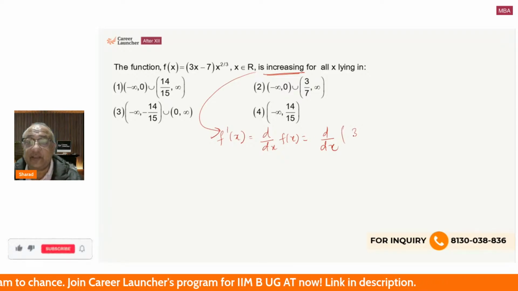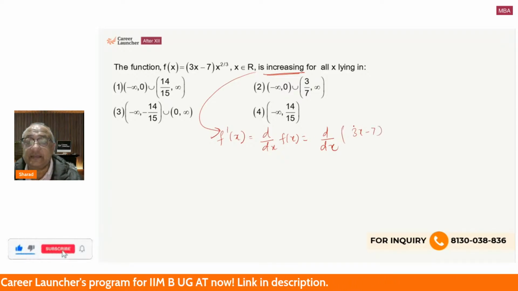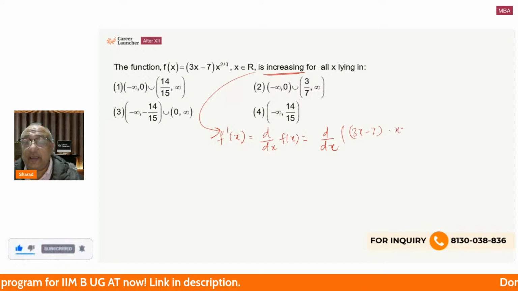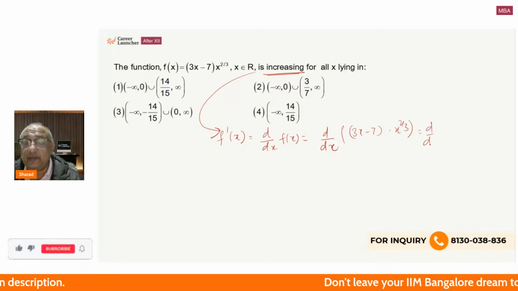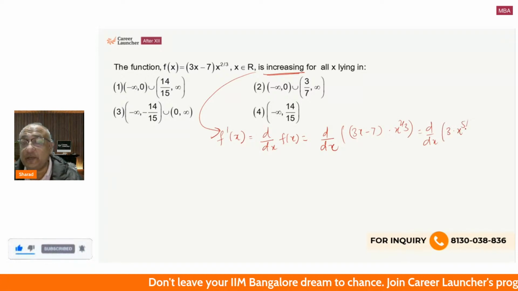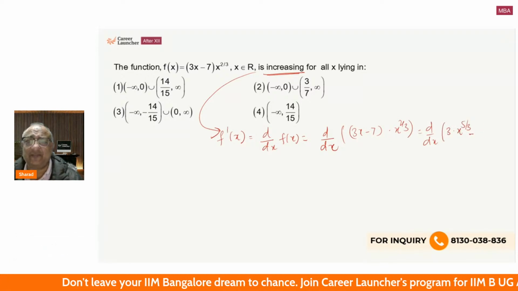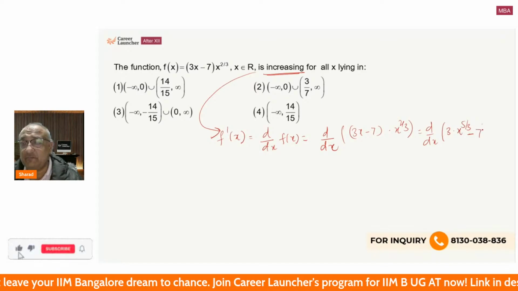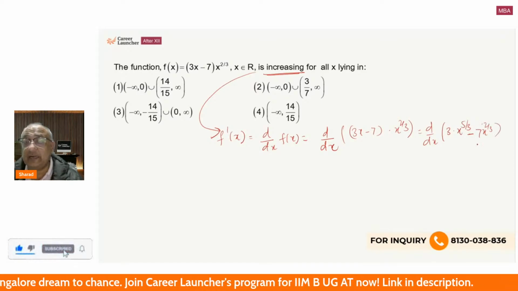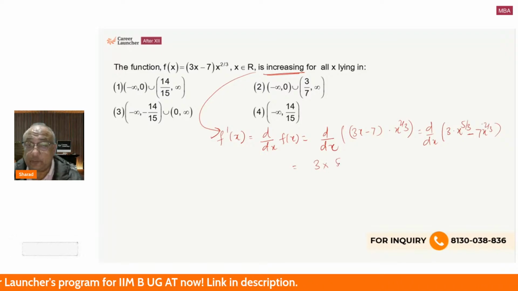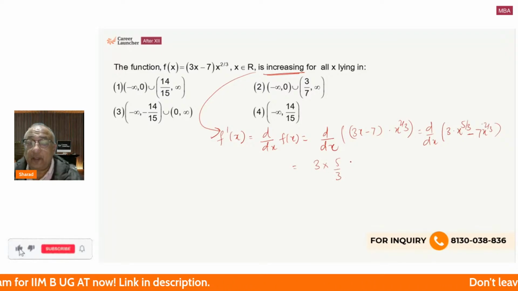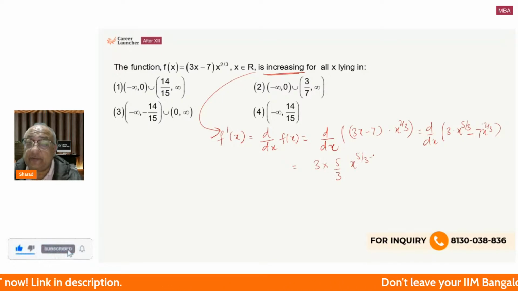Very nice. 3x minus 7 into x raised to the power 2 by 3. Let us do a little bit of magic here. Let us multiply inside. So 3x raised to the power 5 by 3 minus 7x raised to the power 2 by 3. Otherwise, I have to unnecessarily use the product rule. Why use that? So what do we have here? 3 into 5 by 3, and x raised to the power 5 by 3 minus 1.